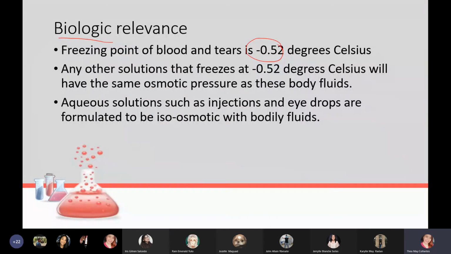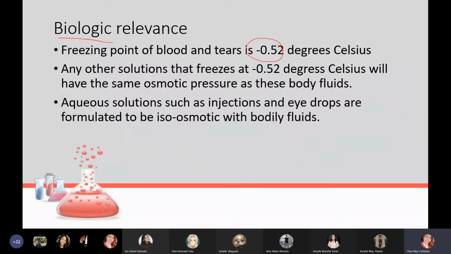Okay? So, basically, kumbaga guys, sila ang aton measure or standard for isotonicity. Do know that your blood, your aqueous humor, the different fluids in our body are all isotonic.